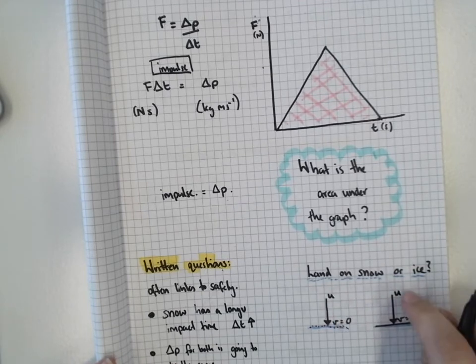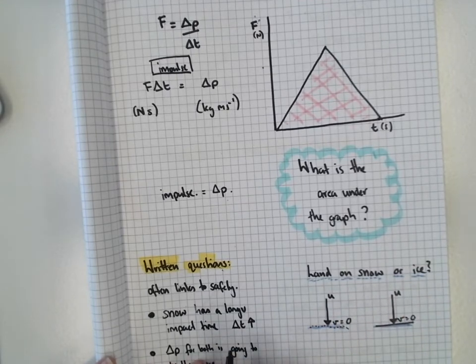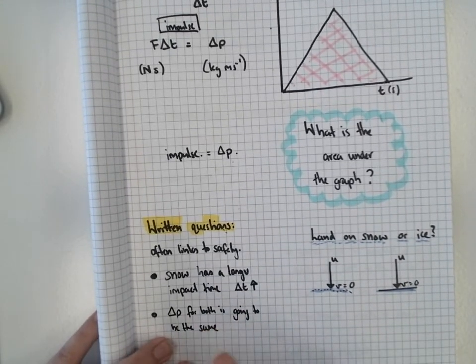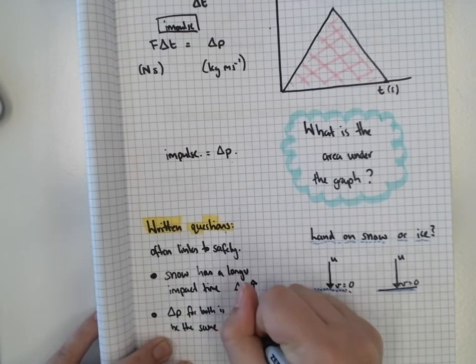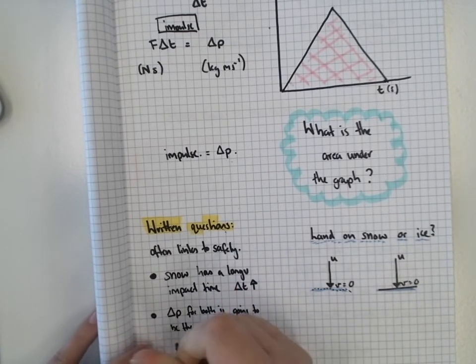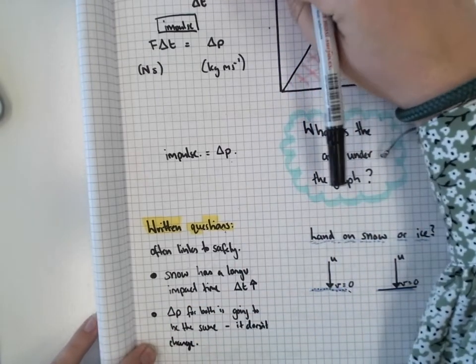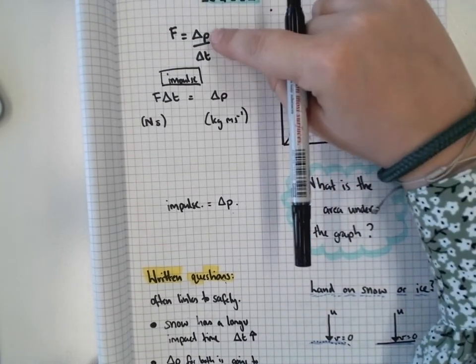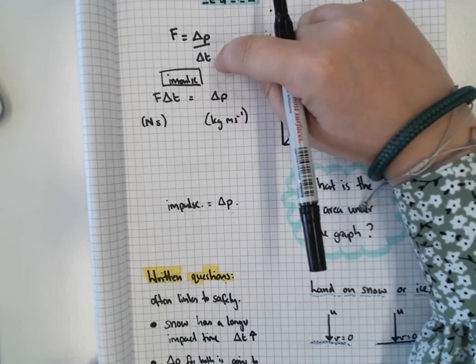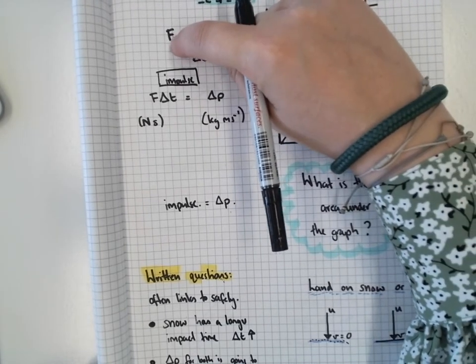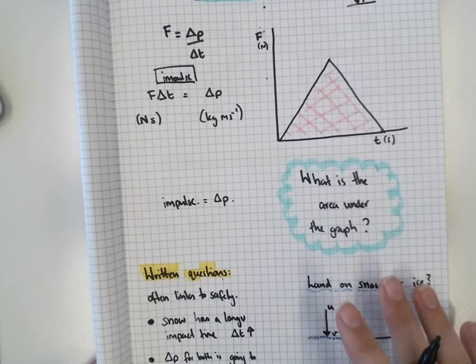So that change in momentum isn't going to change. So at this point, we go back to the equation. If this doesn't change and this is increasing, then the size of the force is actually decreasing.